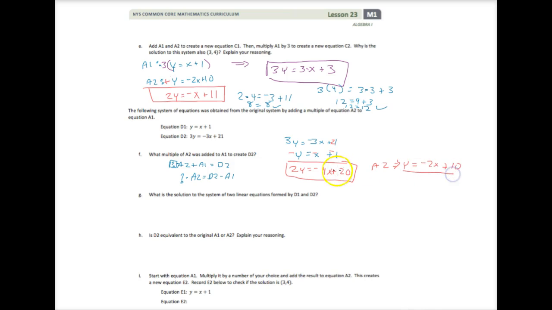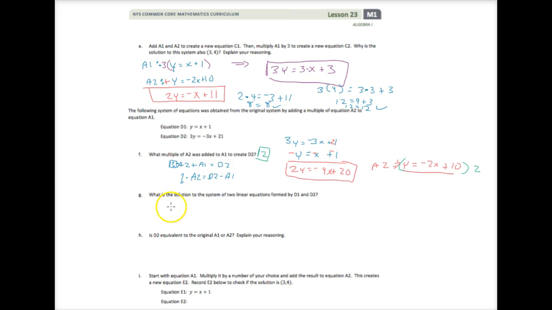Can you see the multiple of this that 2y equals negative 4x plus 20 is? And I hope in your brain you're thinking, yep, if I multiplied all of this by 2, I would get it. So the answer for this one, what multiple of A2 was added? 2. The multiple 2 was added.